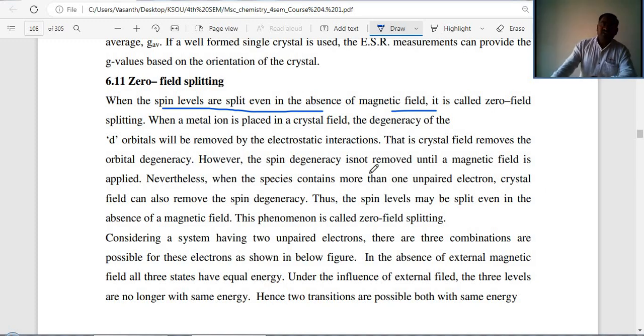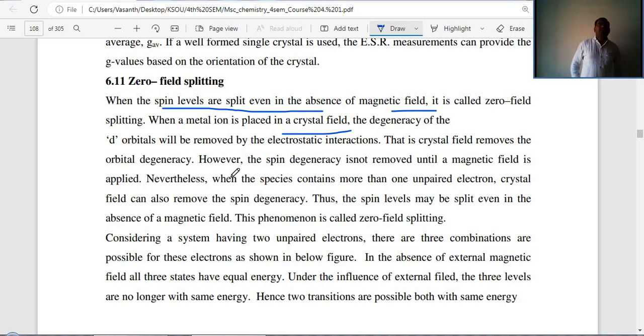When the metal ion is placed in a crystal field, the degeneracy of the d orbitals will be removed by electrostatic interactions. The d orbitals divide into two sets, one at lower energy and another at higher energy.